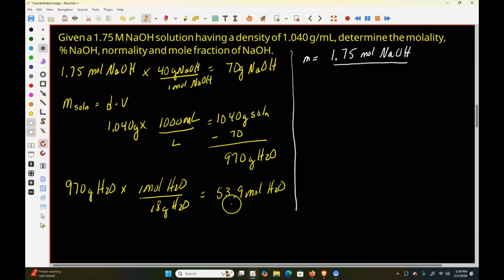We said earlier they have 970 grams of water. Let's move the decimal 3 places over. So that'd be 0.97 kilograms water. So that gives me a molality of 1.8 molar sodium hydroxide.